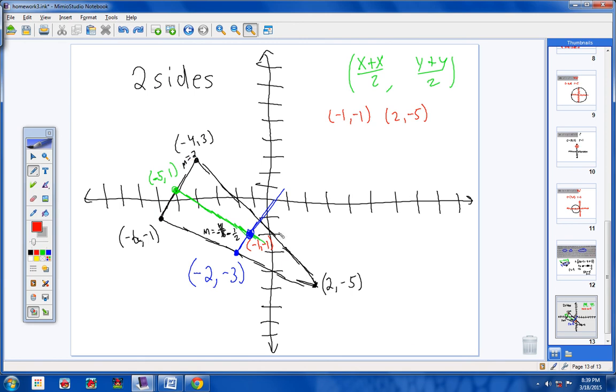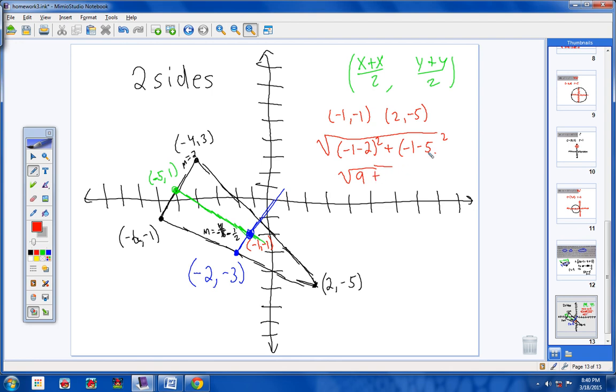So I'm going to find the distance from here to here. Distance formula, remember. x minus x, negative 1 minus 2, quantity squared, plus y minus y, negative 1 minus 5, quantity squared. So what I have now is negative 1, negative 2 is negative 3. Square that and you get 9, okay?